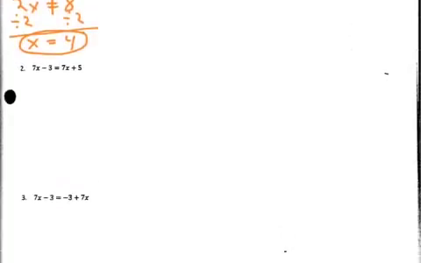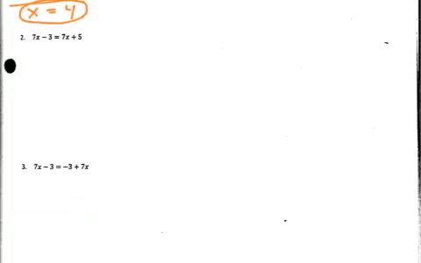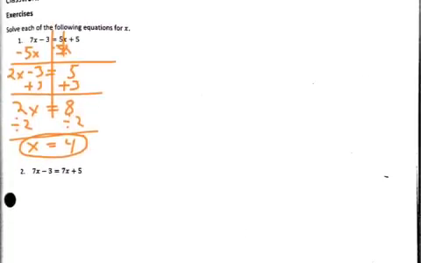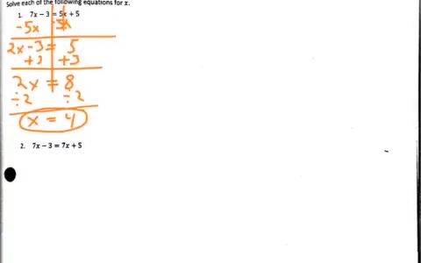So now let's take a look at the second equation. Looks similar to the first one. Not exactly the same, but looks similar. Draw your line. Okay, so I want to get the variables to the same side. Well, they're both the same. Uh-oh. Well, in that case it doesn't really matter which one I move. Let's move the one on the right. It's a positive 7x, so to get rid of it, I'm going to subtract 7x.